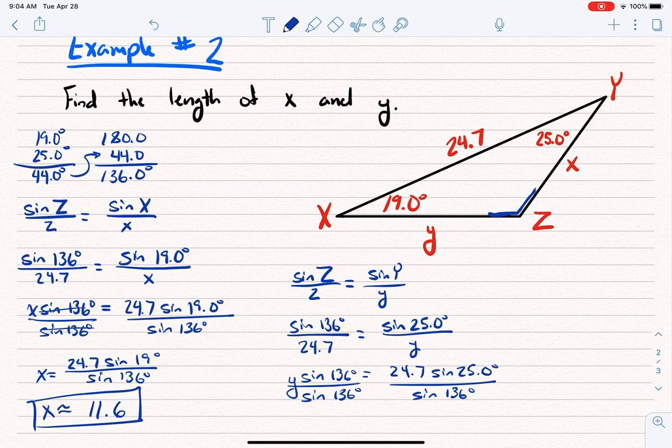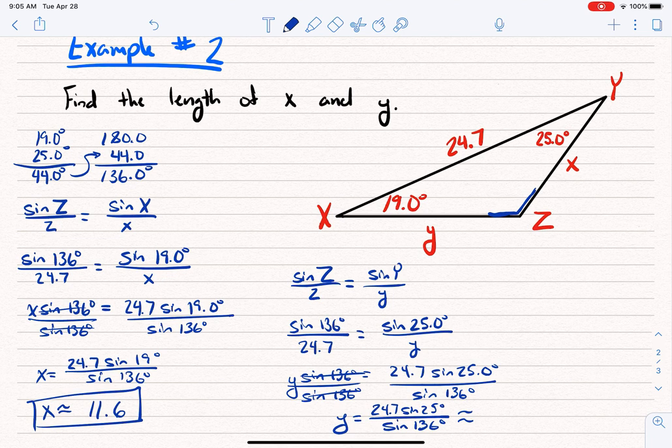I mean, this is basic math here. This is basic pre-algebra. You get y is equal to 24.7 times the sine of 25 degrees over the sine of 136, which is about, and I type in my calculator, 24.7 times the sine of 25 divided by the sine of 136.